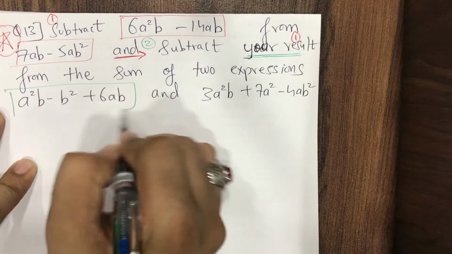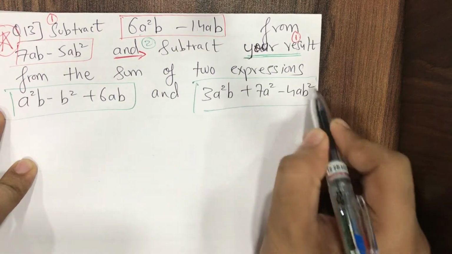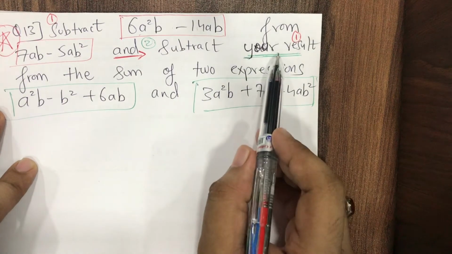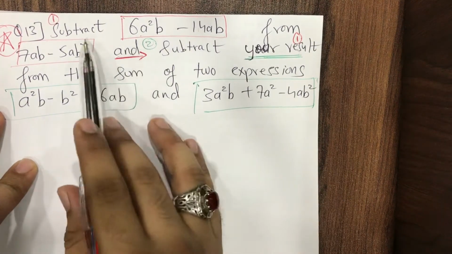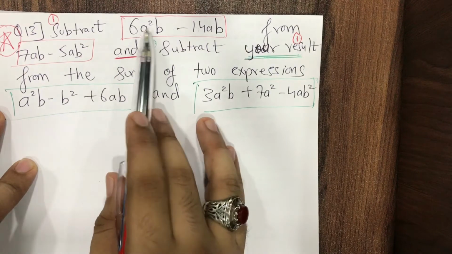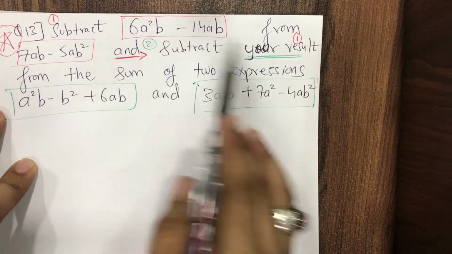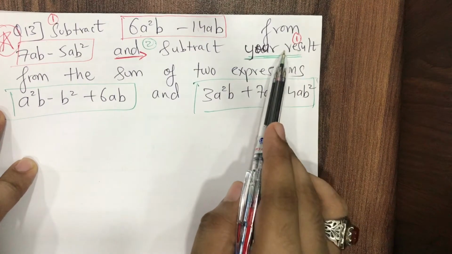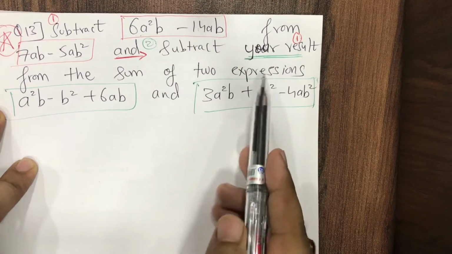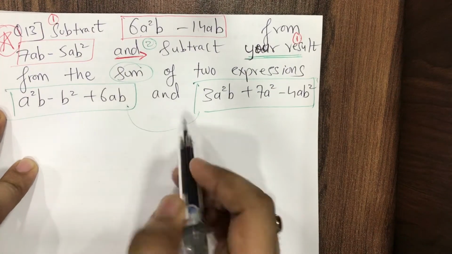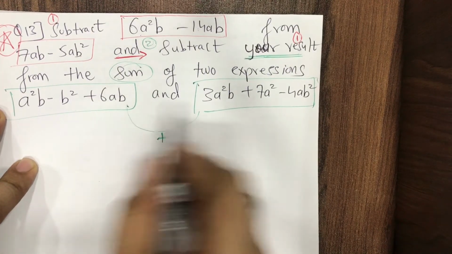Two expressions are given here. Whatever result we obtain from solving the first case, that is subtracting this term from this 7ab minus 5b square, we have to subtract this result from the addition of these two, because it's written sum over here.